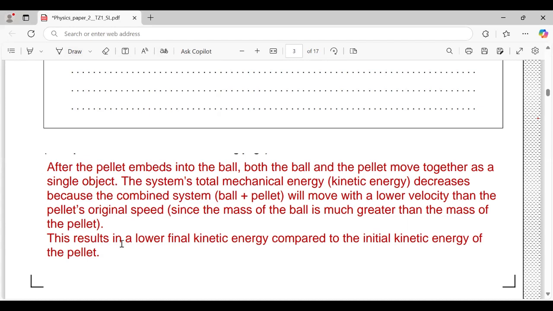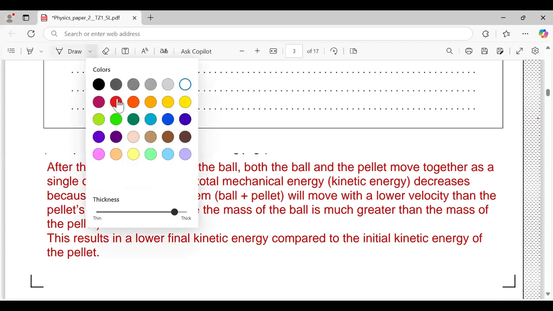This results in a lower final kinetic energy compared to the initial kinetic energy of the pellet. I think that is clear. Next.